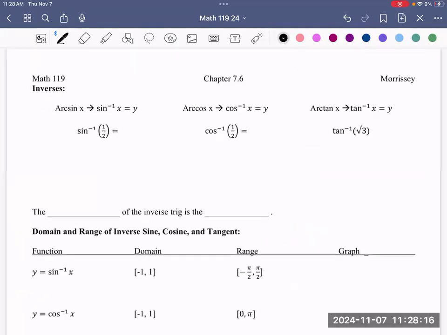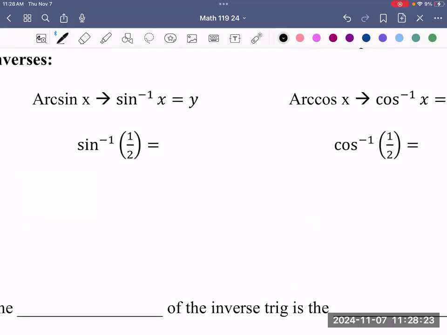Now, when we talk about inverses, so when we talk about arc sine or inverse sine of x, we're really looking at something like this. So this is inverse sine of 1/2.